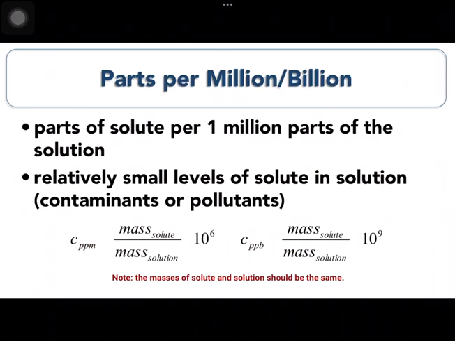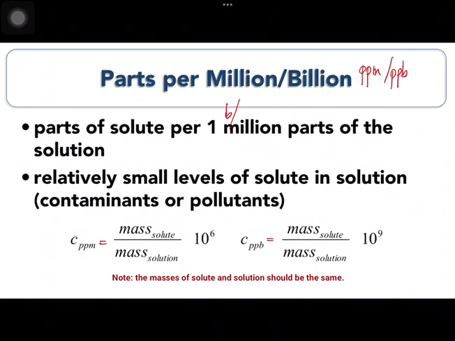So, when you say parts per billion or parts per million, it's a part of a solute per 1 million or per 1 billion parts of the solution. The symbols for parts per million and parts per billion are ppm and ppb.